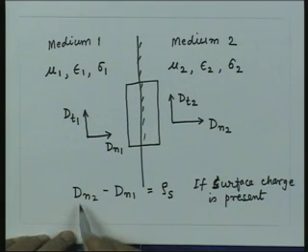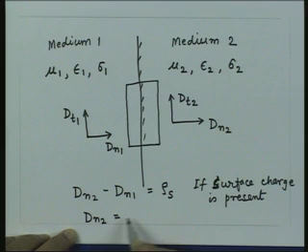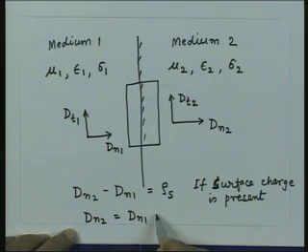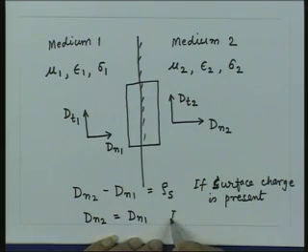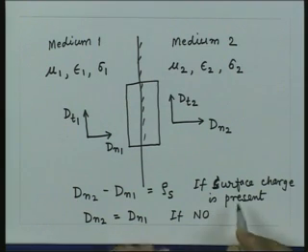And this quantity will be equal to 0, or dN2 equal to dN1, that is, if no surface charge.